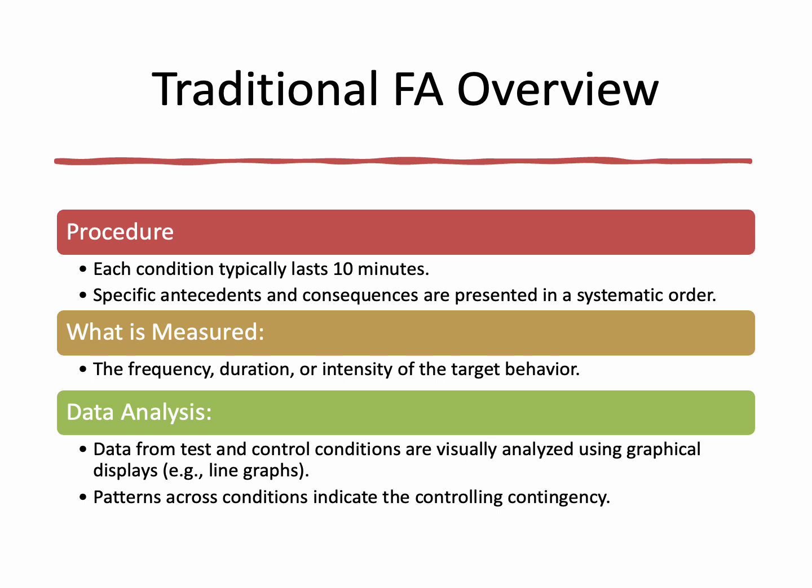And then, contingent on the problem behavior, we will deliver the consequence that's associated with that condition to see the condition basically that produces the highest amount of problem behavior, or in which the behavior occurs the quickest. Well, actually, within the traditional FA, we look at how often the behavior occurs. I'm sorry.